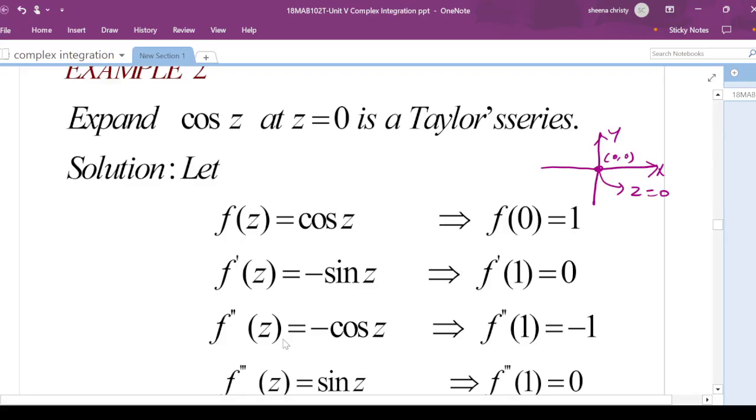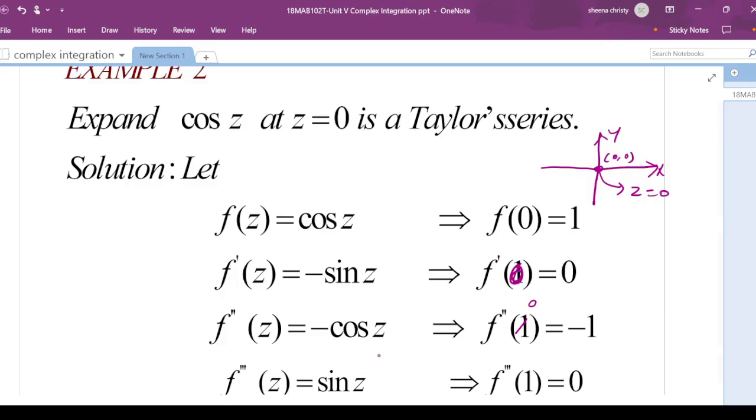Then f double dash of z is equal to minus cos z. At the point z equal to 0, you are going to have minus 1.